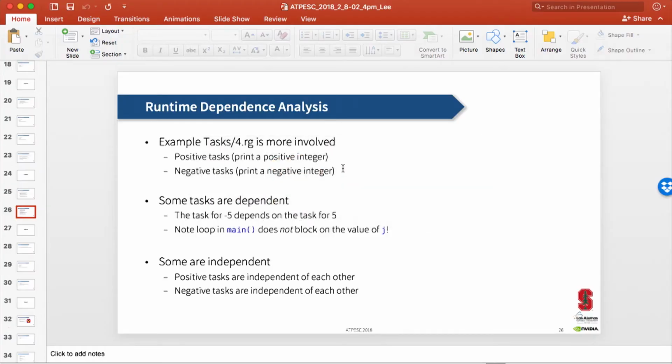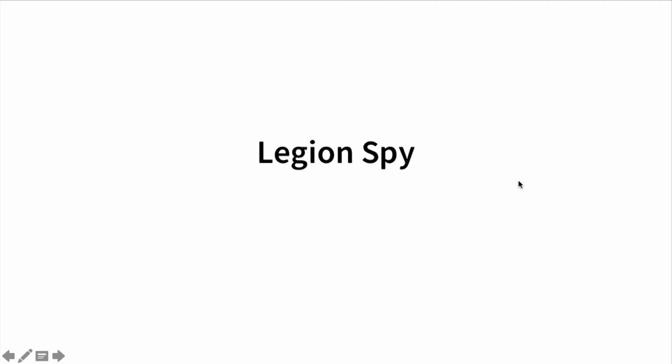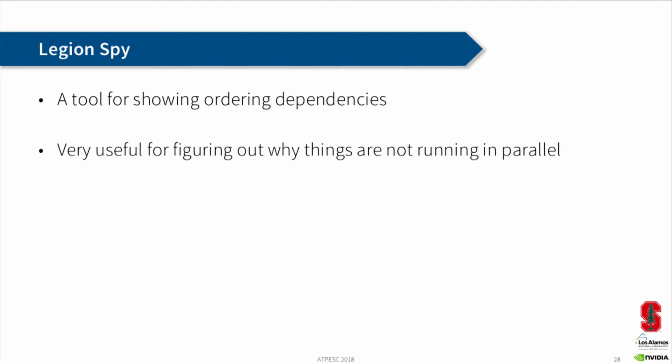Then you may wonder how we know for sure that the runtime does the right thing, how the runtime correctly finds all the dependencies between tasks, right? For that reason, we provide another tool called Legion Spy. Legion Spy is a tool to visualize the dependencies between tasks.